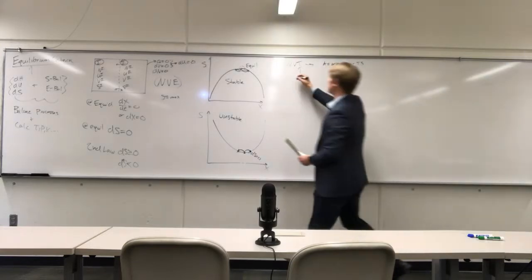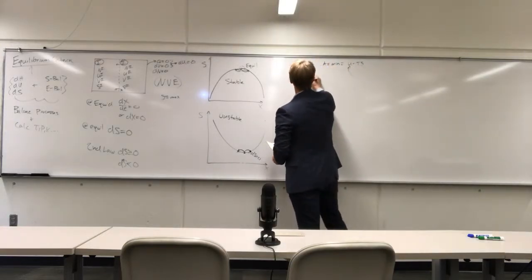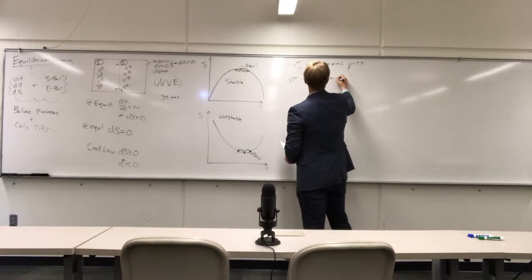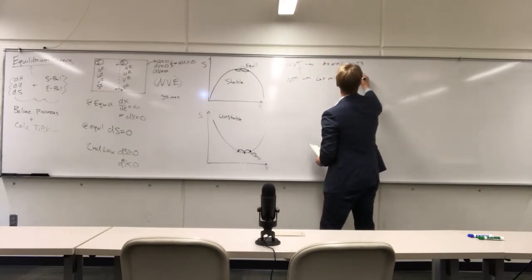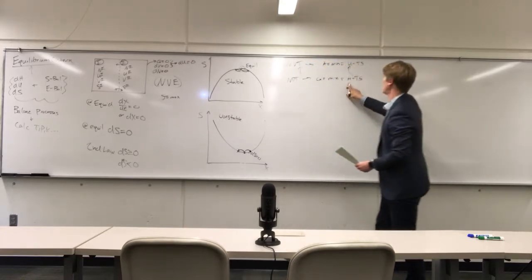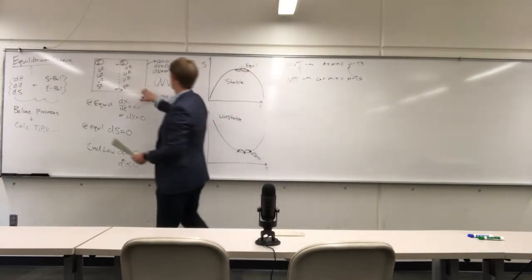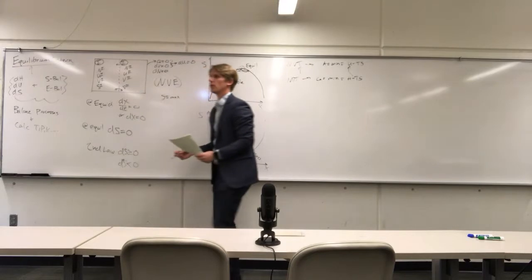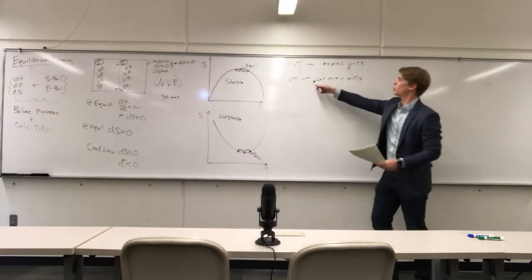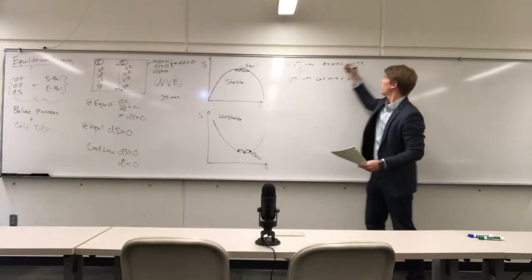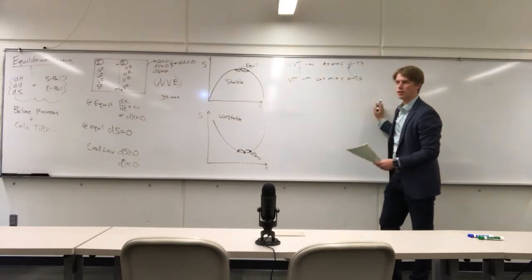And in the case of an NPT system, the Gibbs is equal to a minimum, which is enthalpy minus TS. So in this particular system here, entropy being maximized is the criterion for equilibrium. But in isothermal systems, you have to consider internal energy and enthalpy.